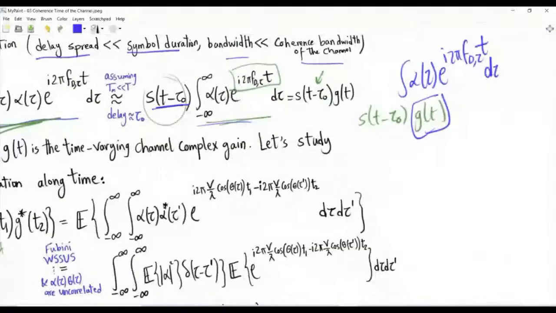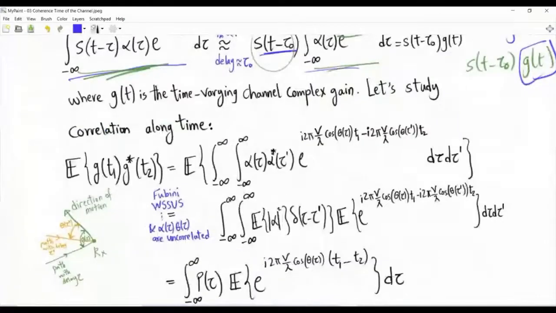So we will basically take g of t1, g conjugate of t2, and so each one of them is an integral, and so we have now a double integral with two dummy integration variables, tau and tau prime. And don't forget that this is with a conjugate, so one of these guys will appear with a minus sign, and then apply expectation.